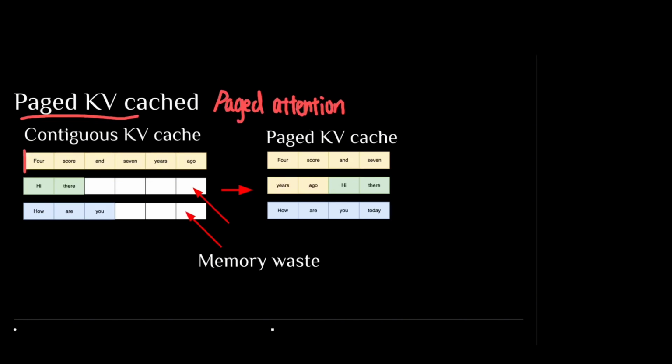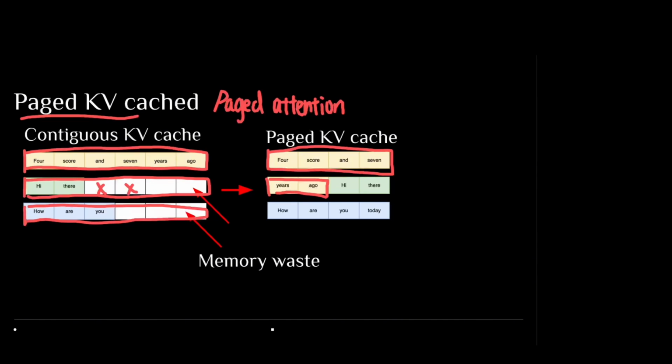So instead of storing a contiguous block for all of the sequence, we can now use smaller blocks with fine-grained division so that the previous memory's fragmentation will be reduced.